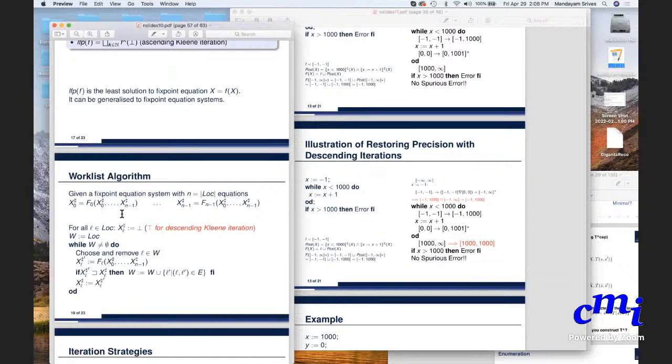Now, a similar algorithm can be used to work on a descending chain as well, implementing descending chain iteration. There are two important changes. When you do descending chain iteration from top, the same thing will produce the greatest fixed point for each of the locations. First, you have to start this algorithm with the initial value at each location being top.